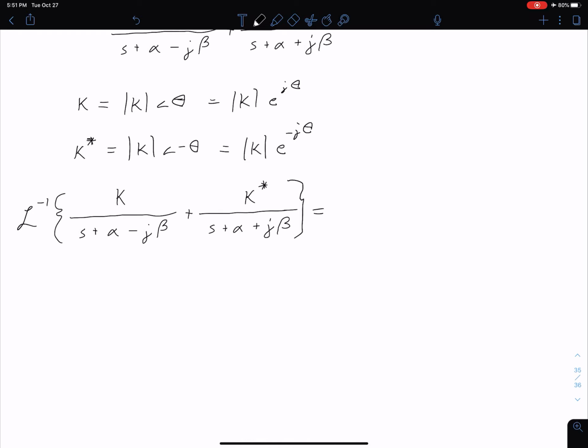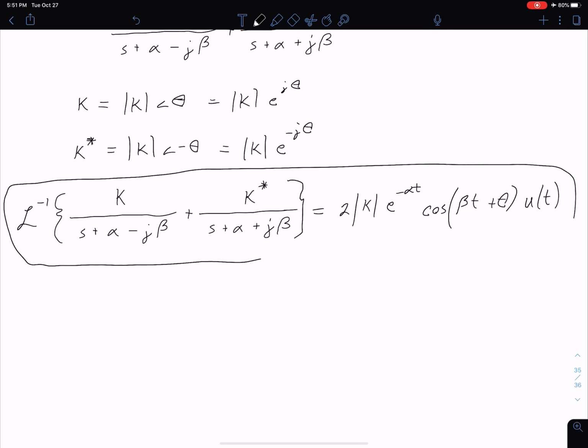And so simplifying that process, we can say that the inverse Laplace transform is equal to 2 times the magnitude of K, e to the minus alpha t times cosine of beta t plus theta, and then all of that is multiplied by our unit step function u of t. So this is our generalization for our distinct and complex poles.